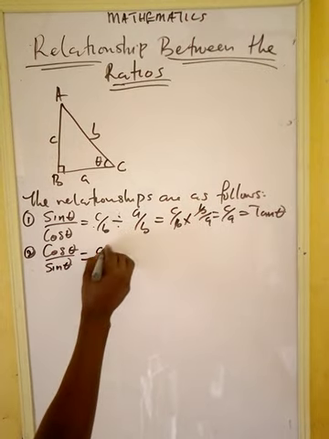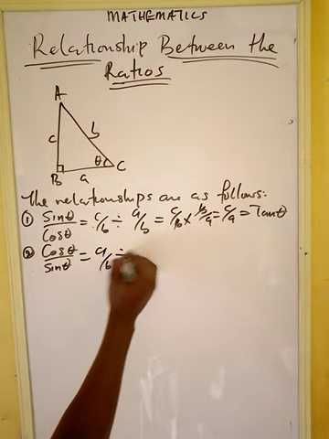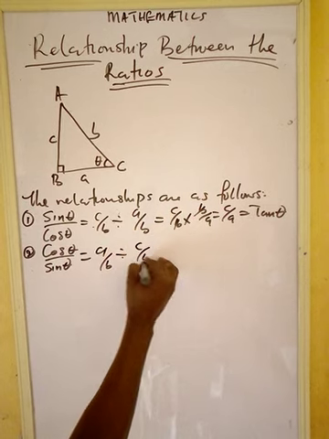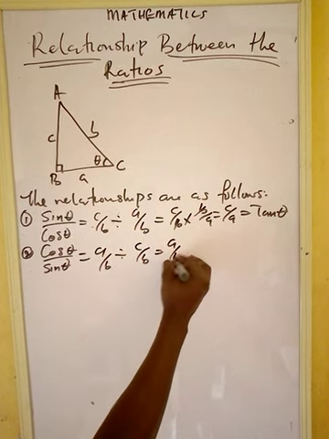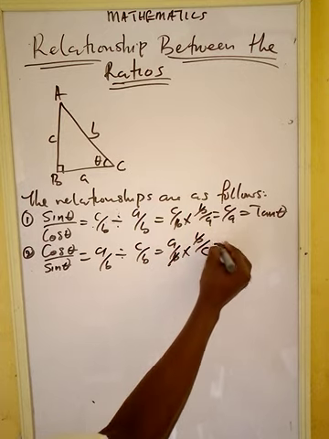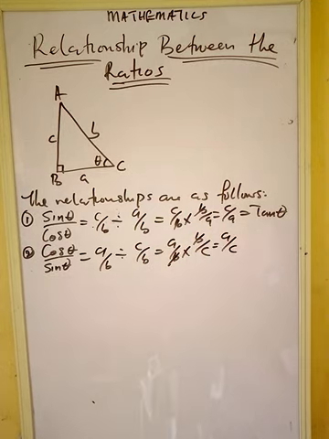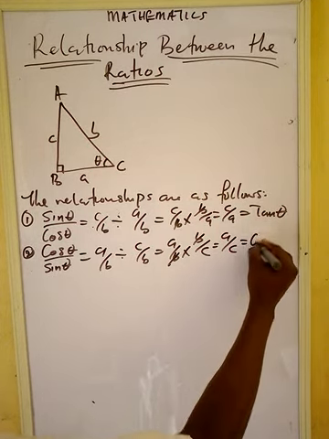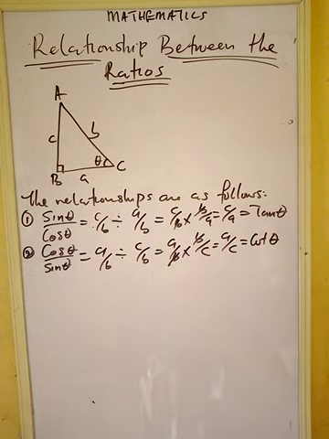Our cos theta is a over b divided by sin theta, c over b. That means a over b times b over c. The b's cancel, and we have a over c. What is our a over c? Our a over c is cot theta, cotangent.